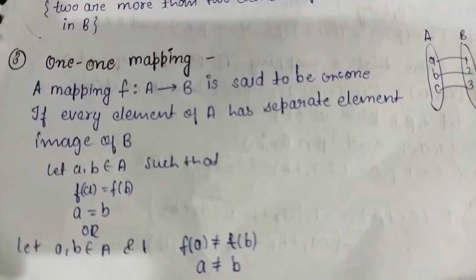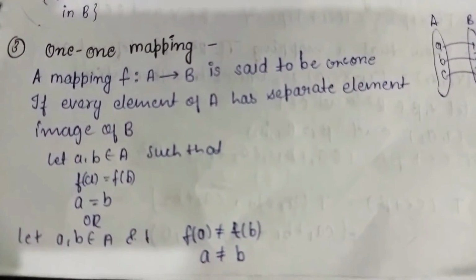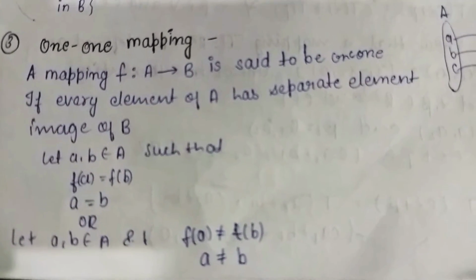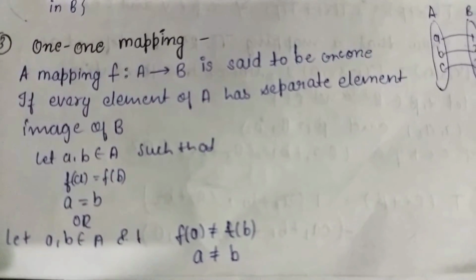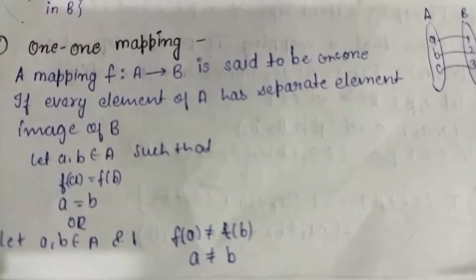Or we can write: let a, b belong to A such that F(a) does not equal F(b), that means the image of a does not equal the image of b.